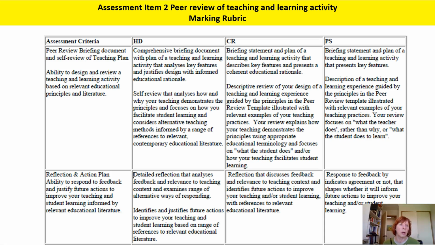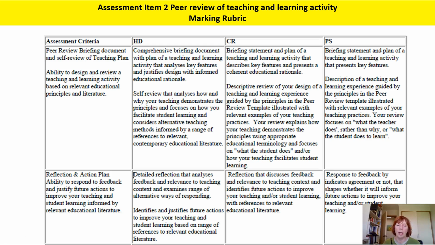So our first criteria looks at the peer review briefing document with your teaching plan and the self-review that you undertake of your teaching and learning activity. So I've just highlighted three of these different standards: the PASS standard, the credit standard and the HD standard.